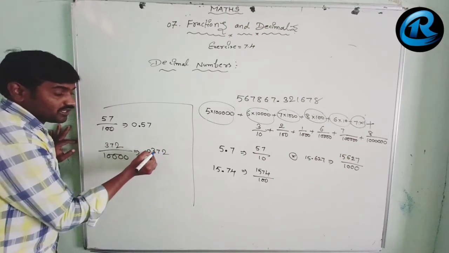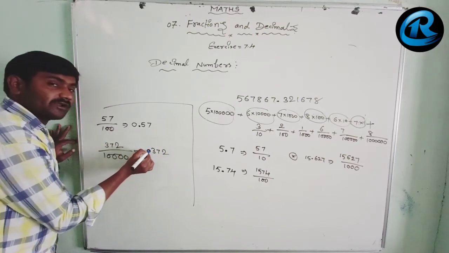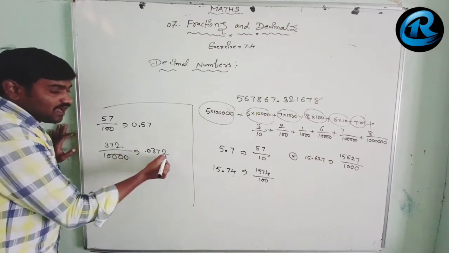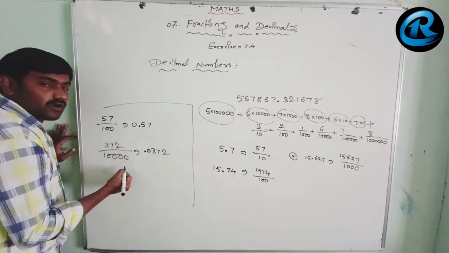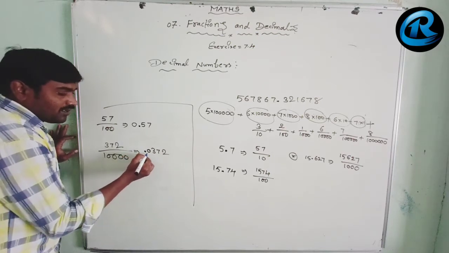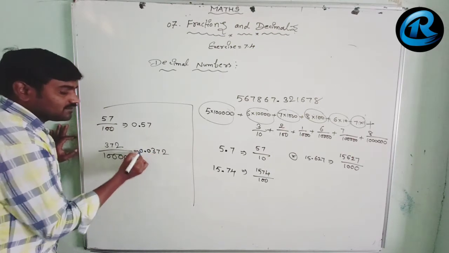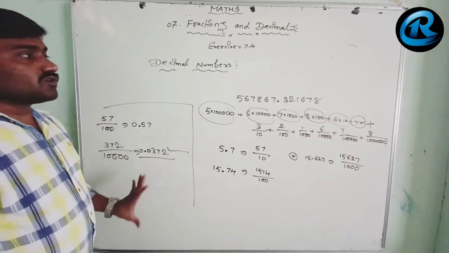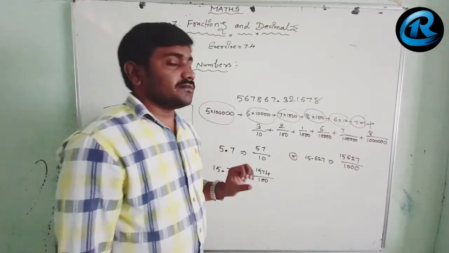After the four digits I kept a point here. So it is 0.0372.